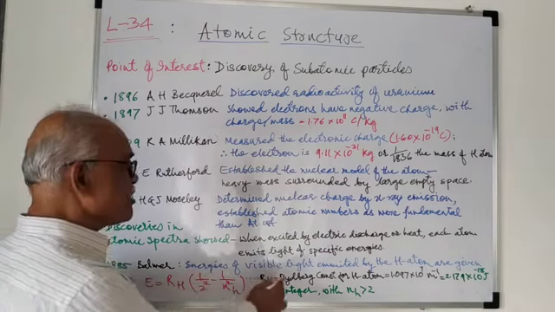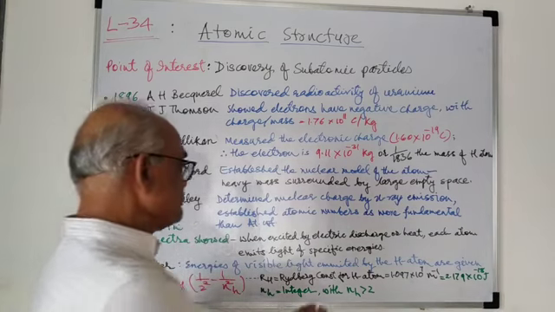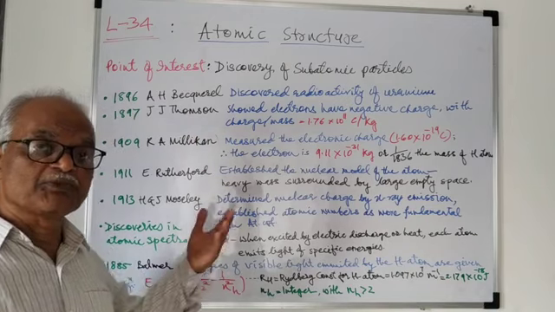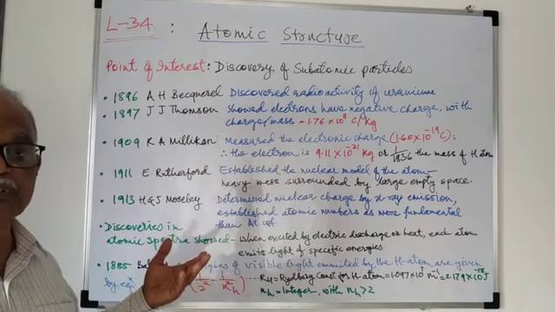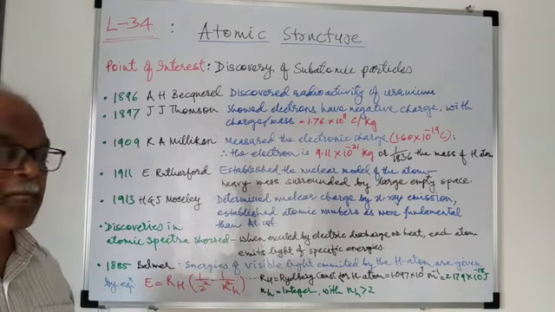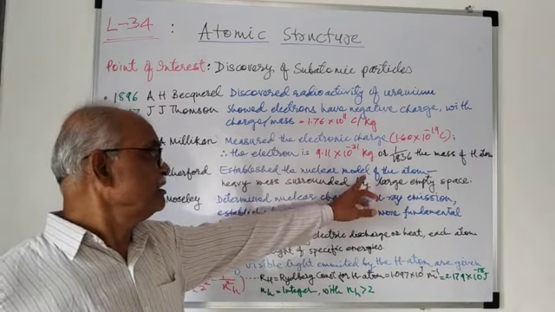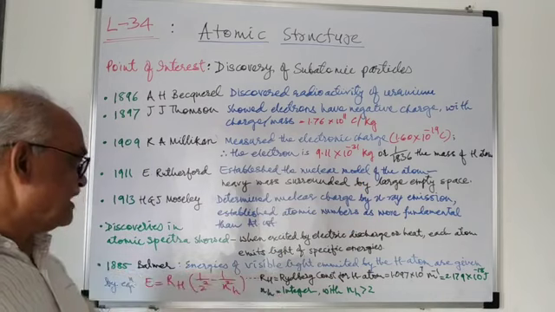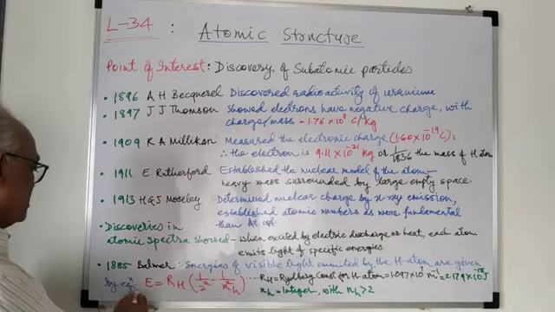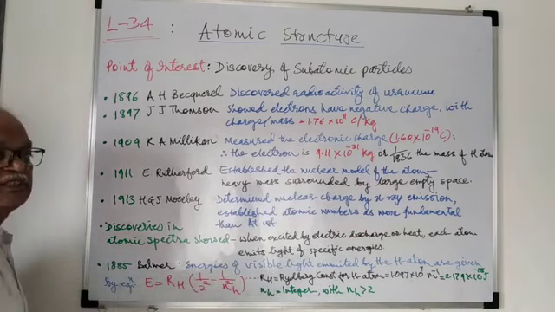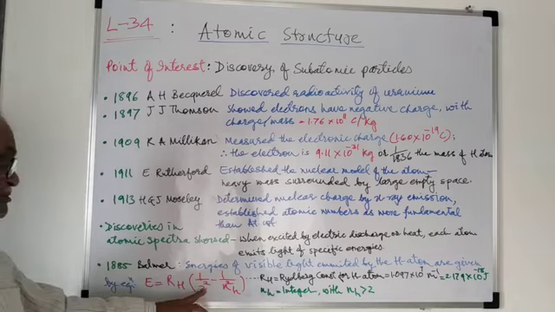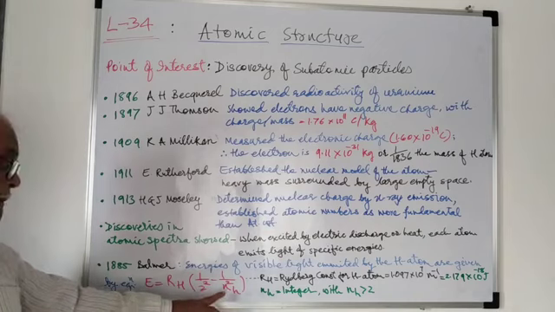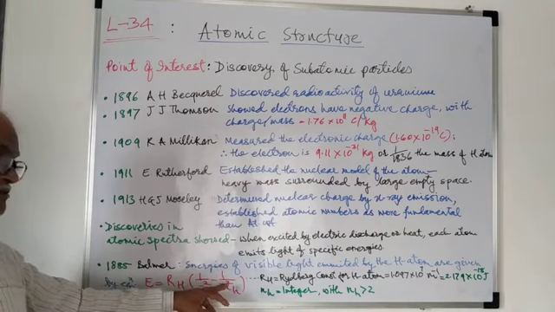The energies of visible light emitted by hydrogen when it is excited by electric discharge or heat are given by this equation: E is equal to RH into (1 upon 2 squared minus 1 upon nH squared).